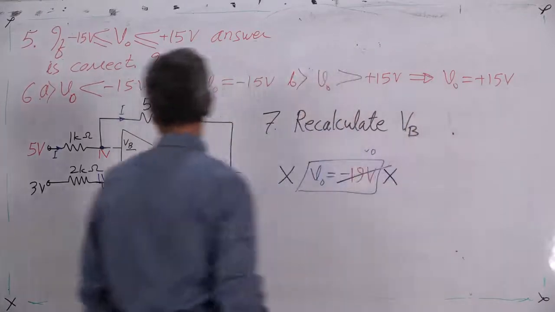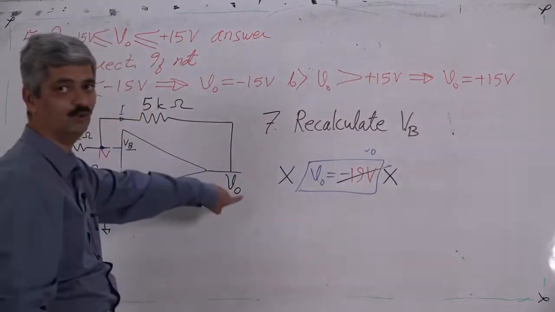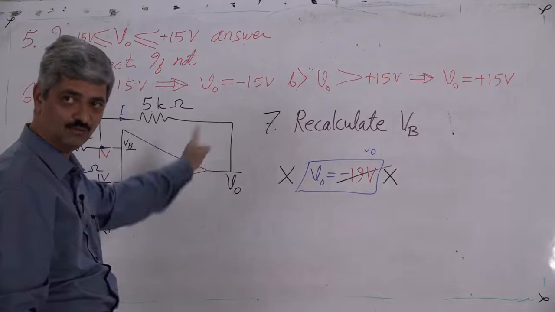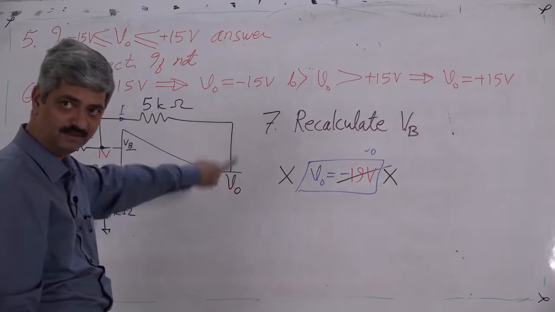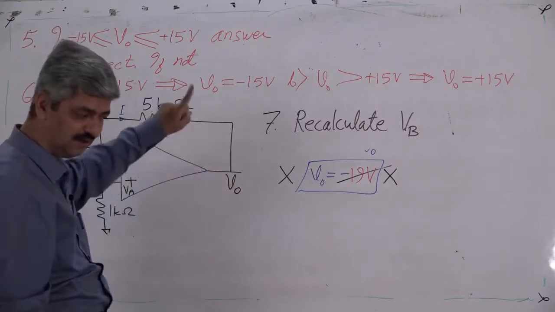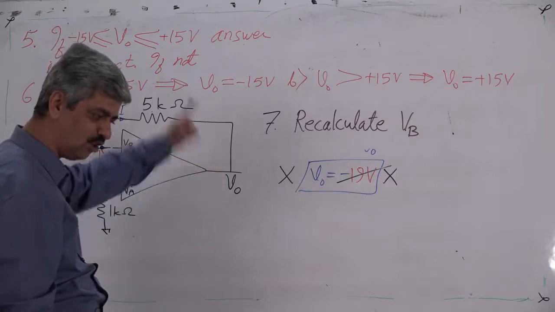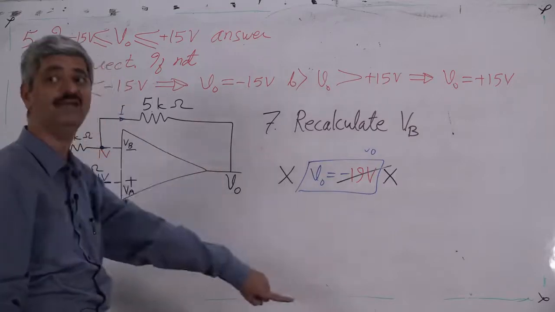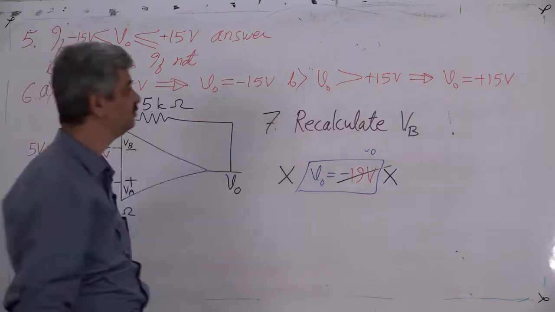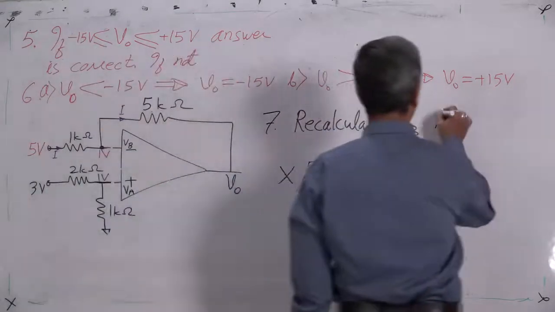Earlier what did you do? You assumed VB, calculated VO. Now since the calculated VO on assuming VB to be equal to VA is wrong, you have changed VO to the ceiling limit. So calculate VB based on what?